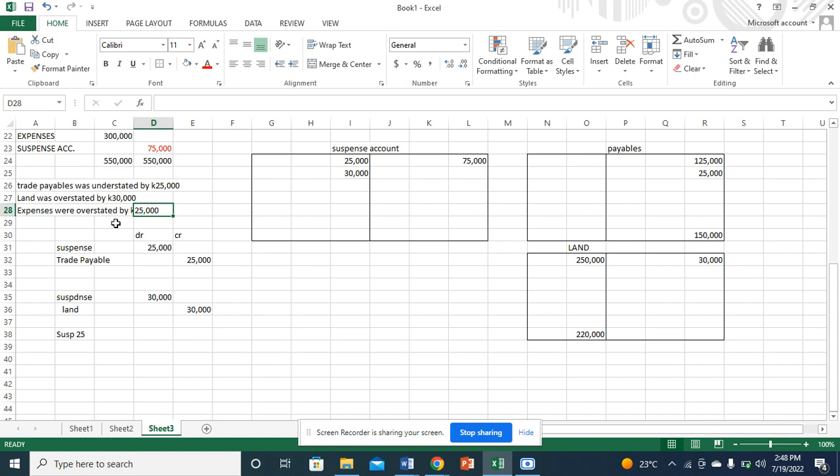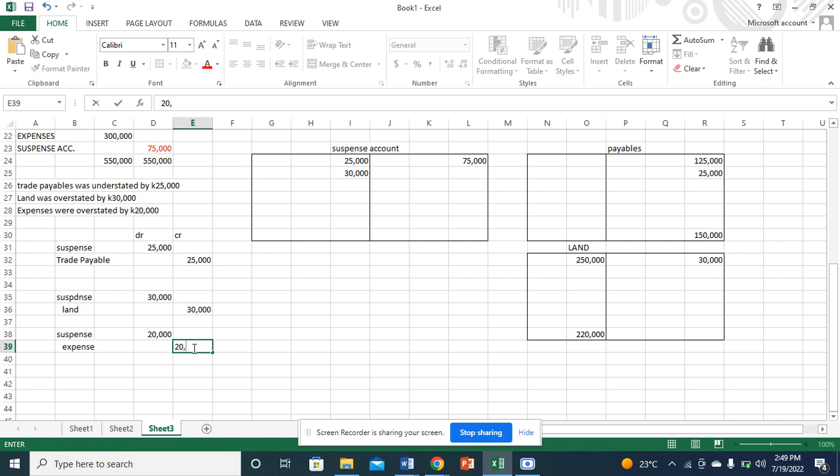This should be 20,000, not 25, because this should total up to 75 here. So it has to be 20,000. So you debit the suspense account 20,000, and you credit the expense account 20,000.